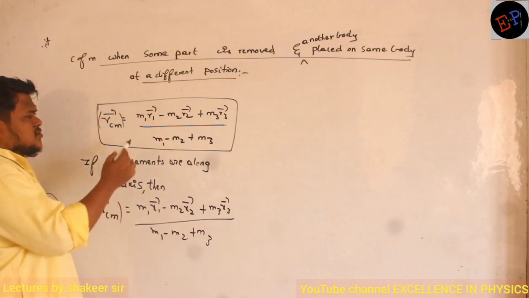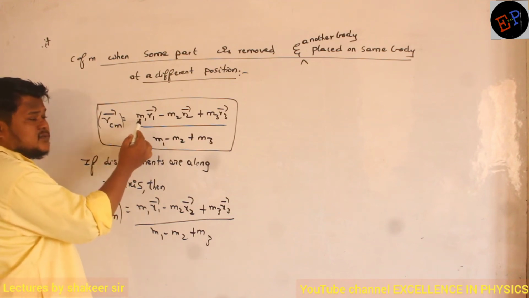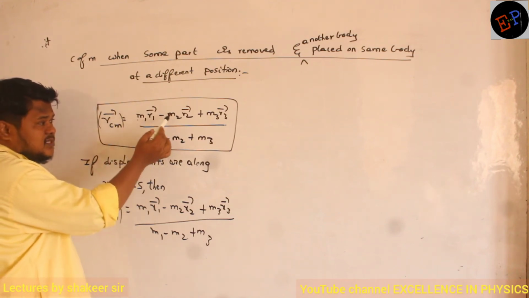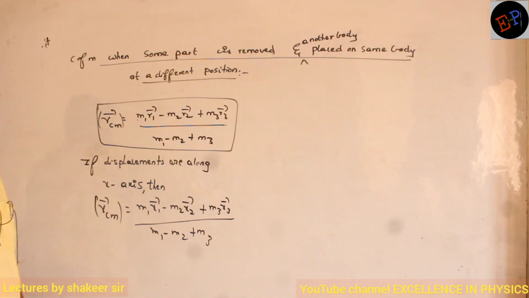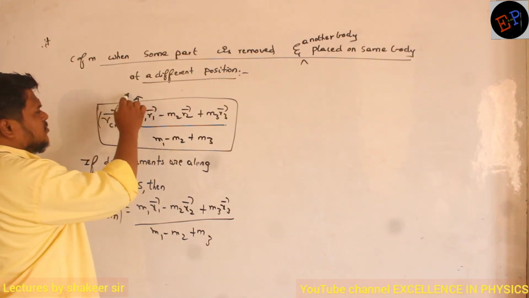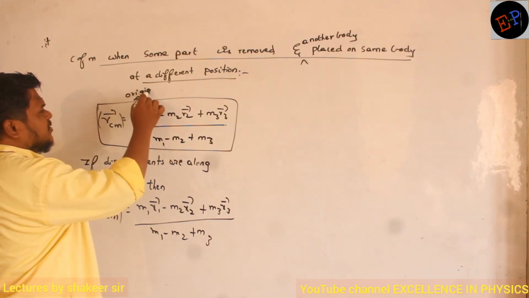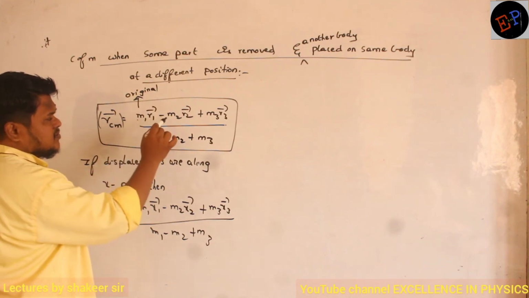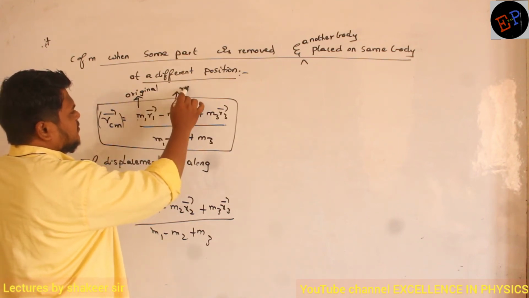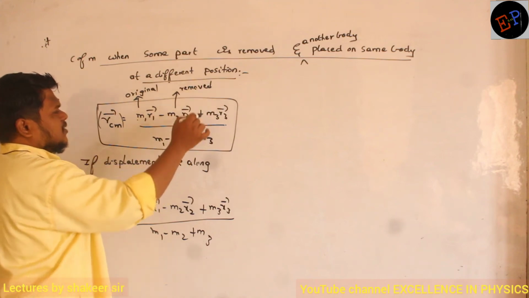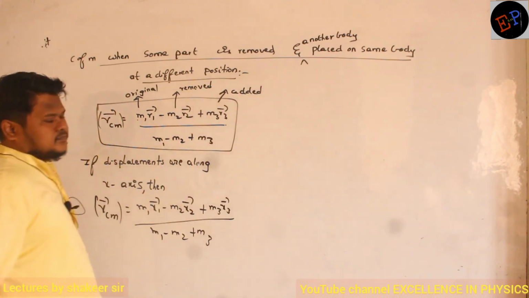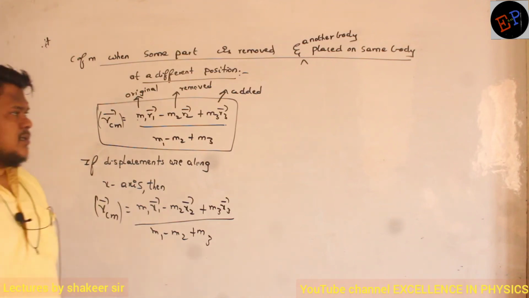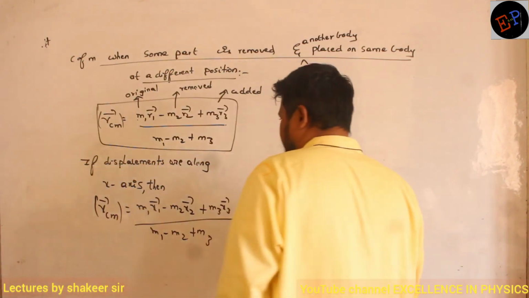So M1, R1 are the values of the original body before cutting or adding. These are the values for the removed body, and these are the values for the added body. Understood? Now if I give you a question, see how you can do this calculation.